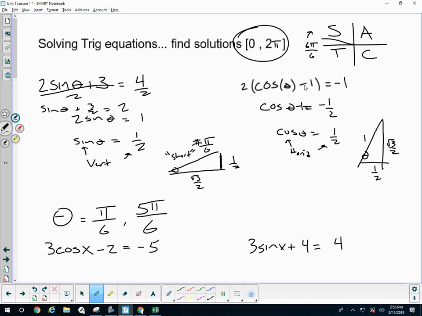This is my tall triangle, which is created from my 60-degree angles, which is my pi/3s. So I need pi/3 because I know that cosine is positive 1/2 here.